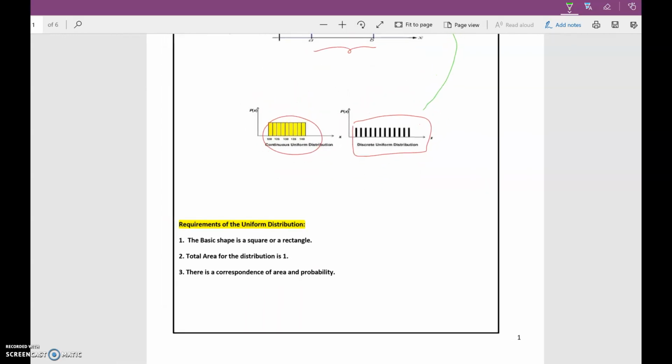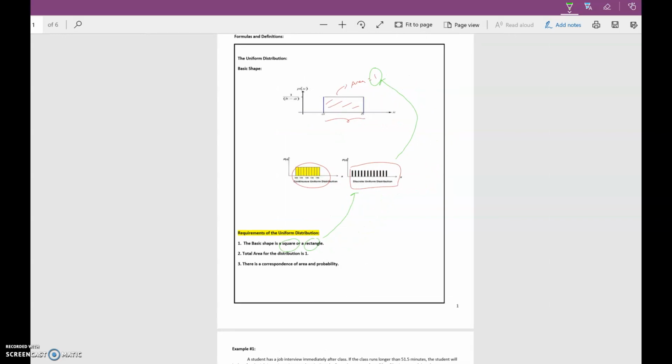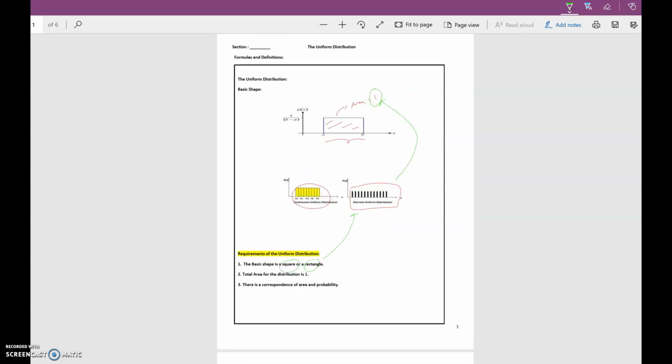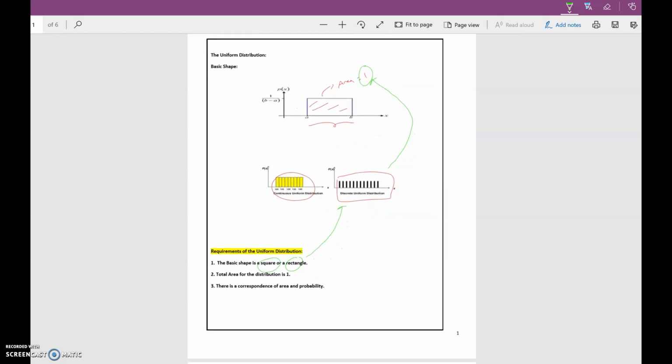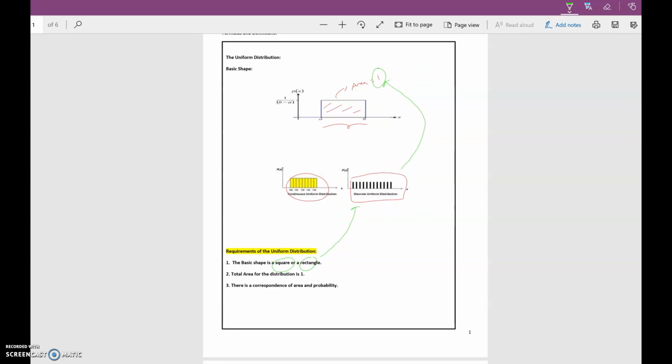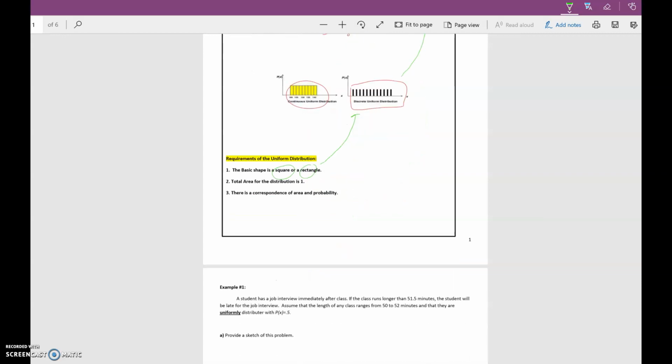The main requirement is that the shape of the distribution is either going to be a square or rectangle or multiple rectangles, as you can see in this particular one. Same idea as before, area is evaluated as technically probability. So that's the uniform distribution. It's literally a square or rectangle or rectangles.